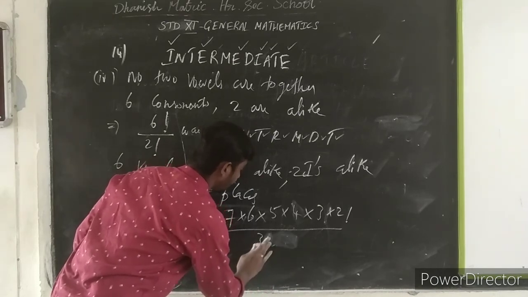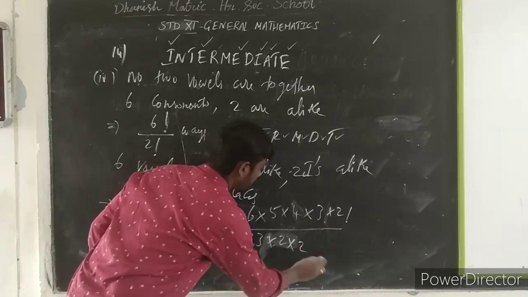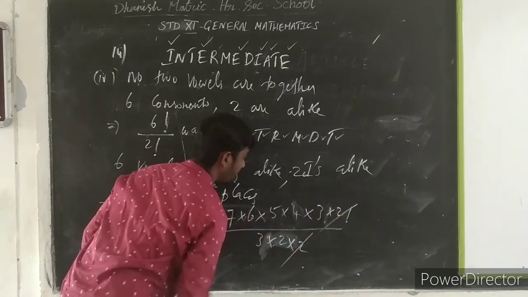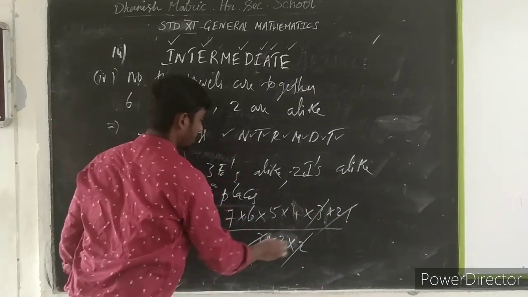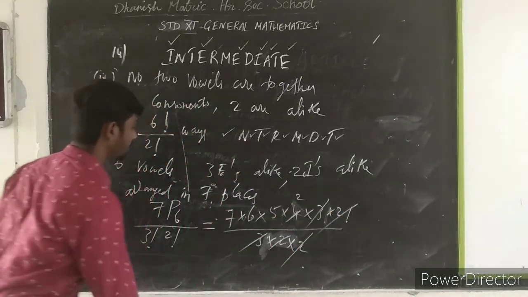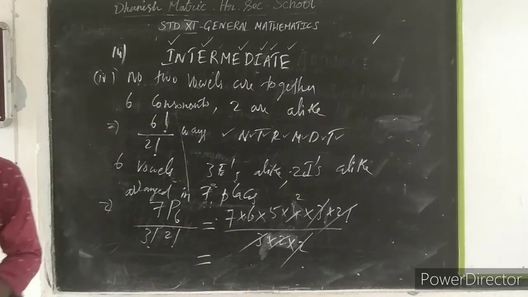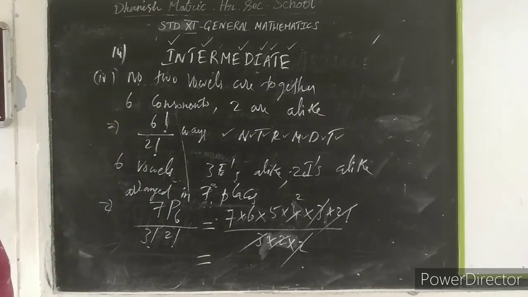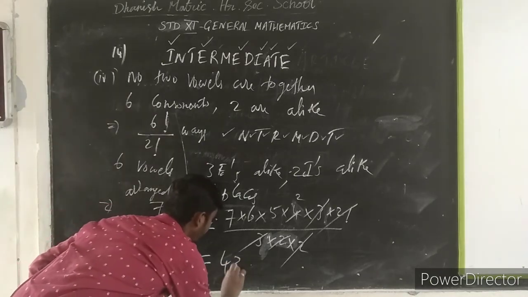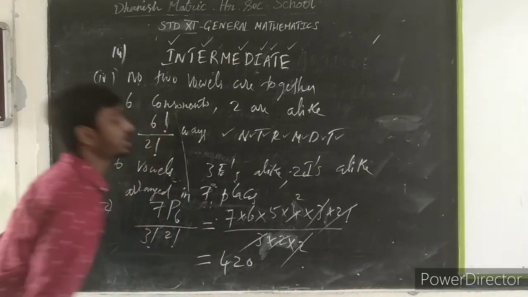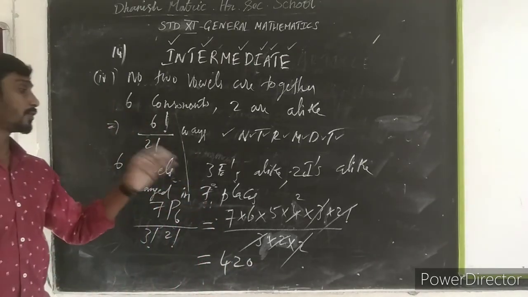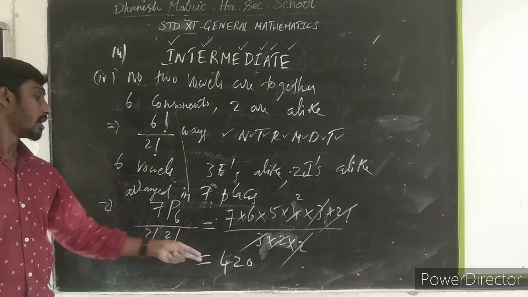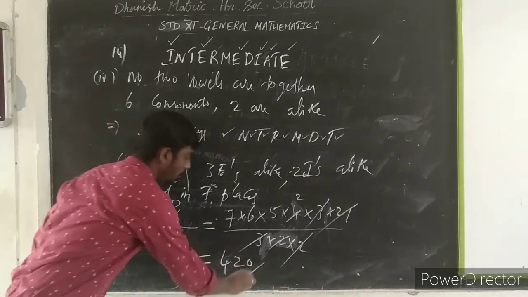The 3 factorial cancels, and 2 twos are 4. The remaining value is 7 into 6 into 5 into 2, and you simply get 420 here.